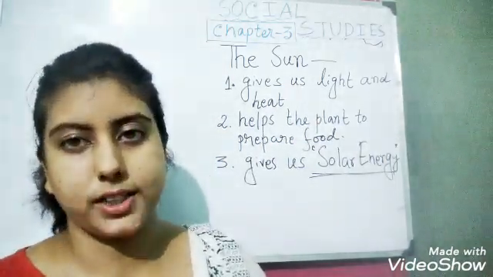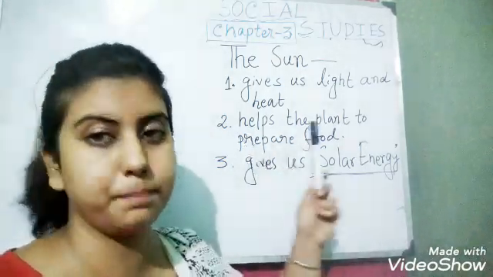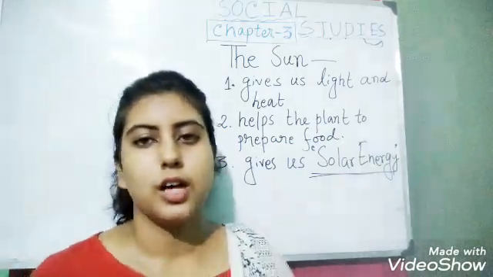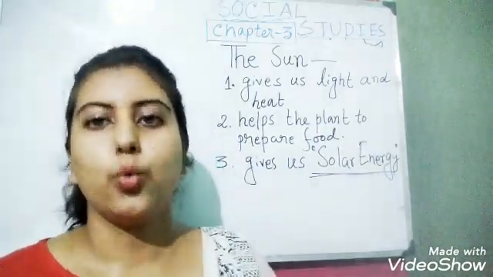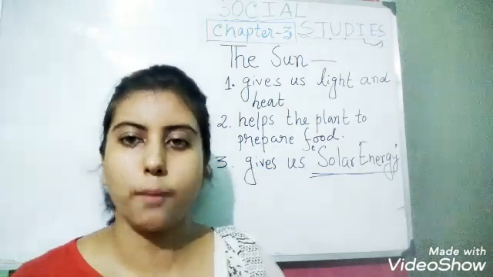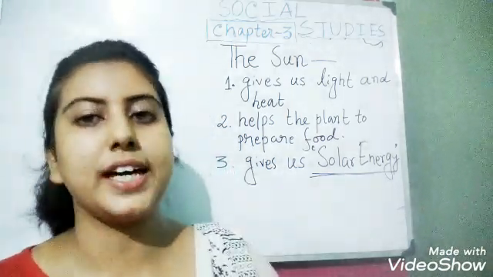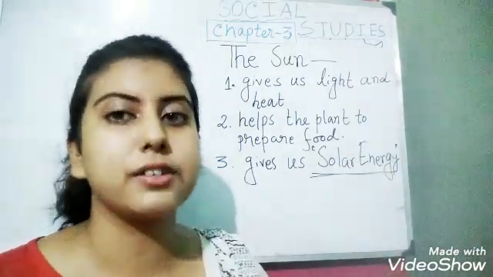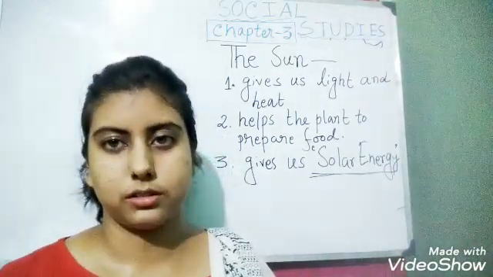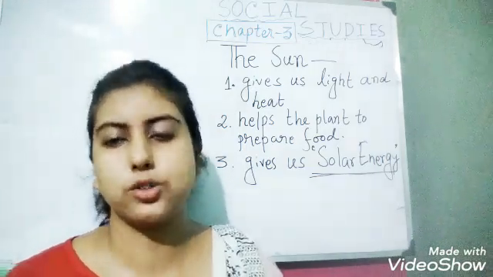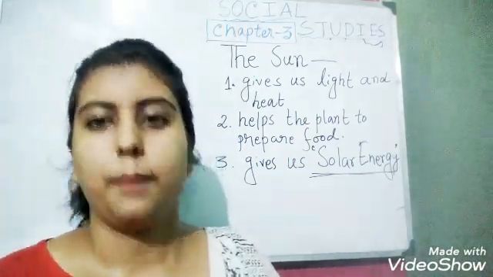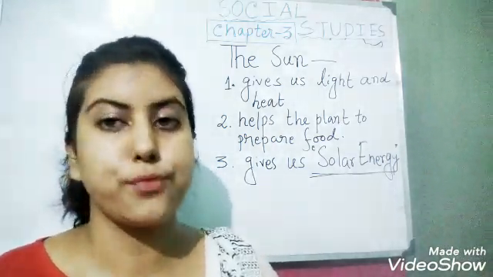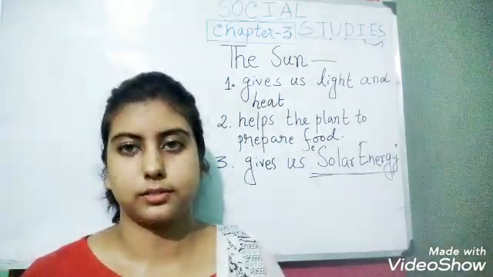Now the next point. The Sun helps the plants to prepare food. Children, you know that we get food from the plants. We get the fruits. We also eat the leaves of the plants. And the other animals also eat plants. It is the main source of food on Earth.